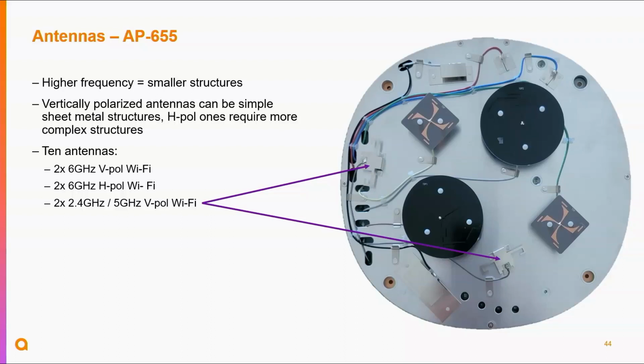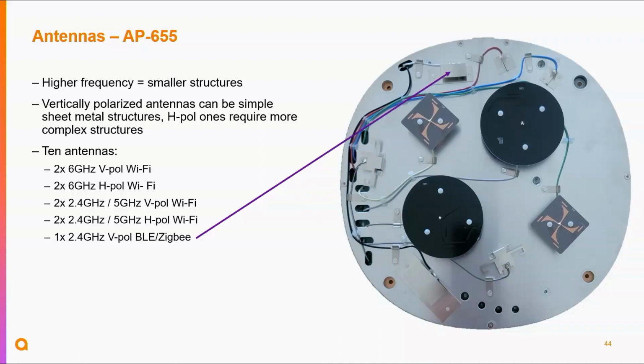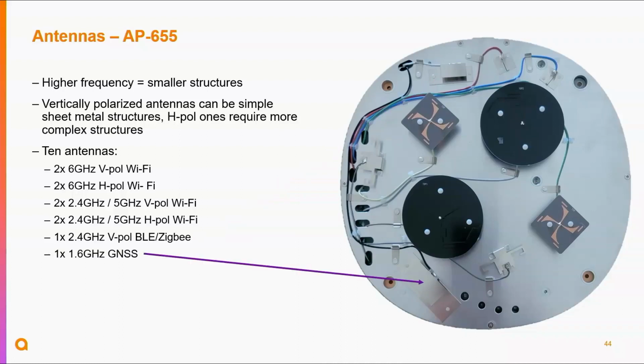We only have 10 because we combine 2.4 and 5 gig on a single set of antennas. These are the vertically polarized ones, and then we have the horizontally polarized ones, those big black guys there. And then we have 1 antenna for BLE and Zigbee on 2.4 gig, and 1 GPS antenna, which is at the lowest frequency that we support at 1.6 gig, and for that type of vertically polarized antenna, it's the biggest structure on there.